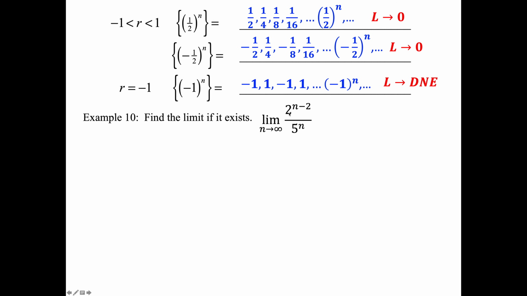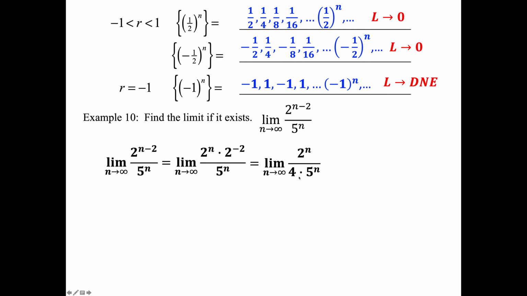We all know that when you multiply like bases, you're adding your exponents. So let's factor out a 2 to the negative 2 power from our top power. So that gives us 2 to the n times 2 to the negative 2, which is now a scalar value, which we can move down to the denominator, call it 1/4, or factor it out front.